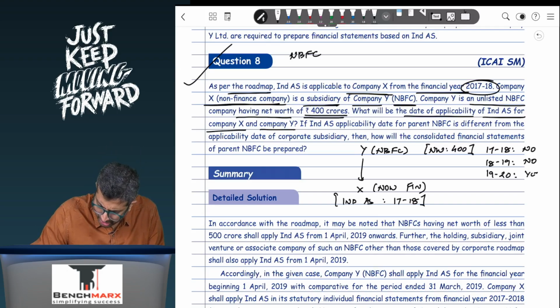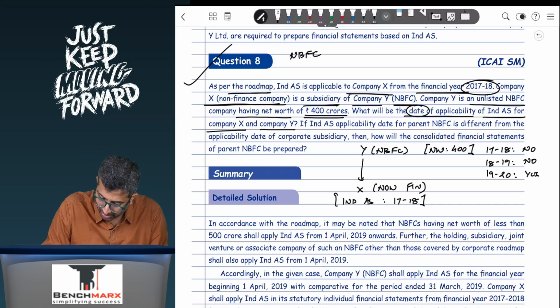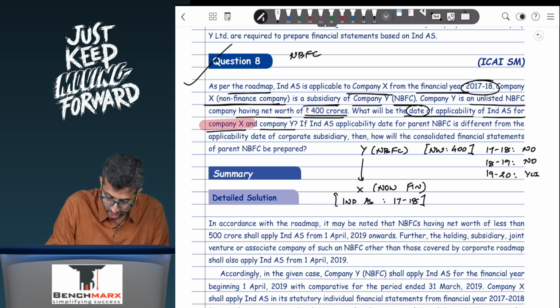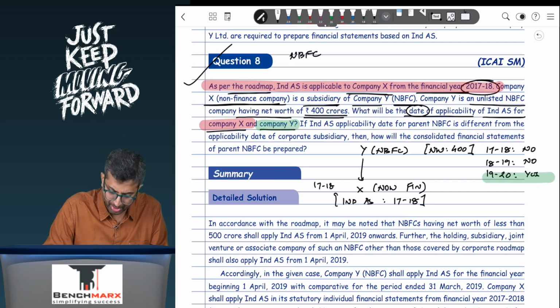Yes, assuming the net worth remains the same. So over here, what will be the date of applicability of Ind AS for company X? Company X, the question only has told you, as per roadmap, Ind AS is applicable from the year 17-18. So for company X, 17-18 Ind AS becomes applicable. And for Y, we will say 19-20 it should become applicable.